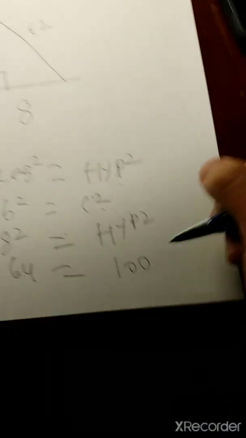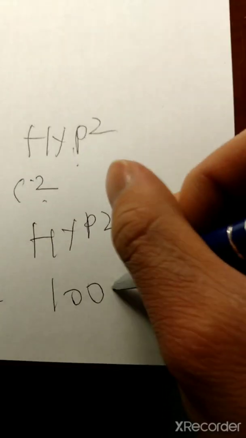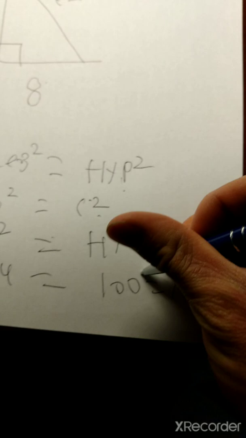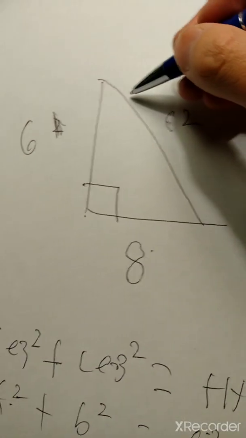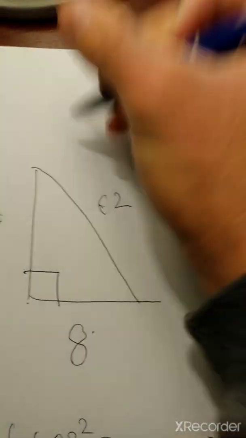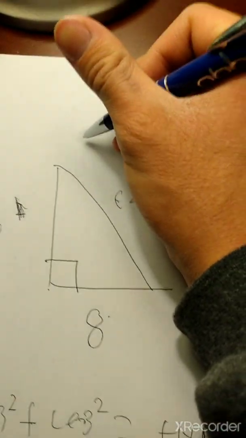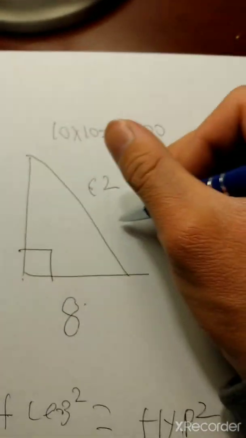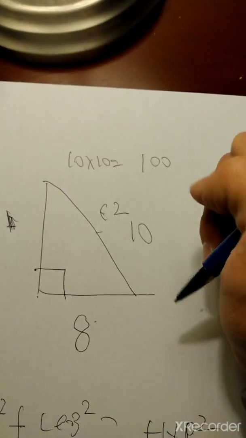But wait, we're not done yet. We have to find the square root of 100 to get how long this hypotenuse is. For 100, what times itself equals 100? Well, 10 times 10 does equal 100. So 10 should be the answer.